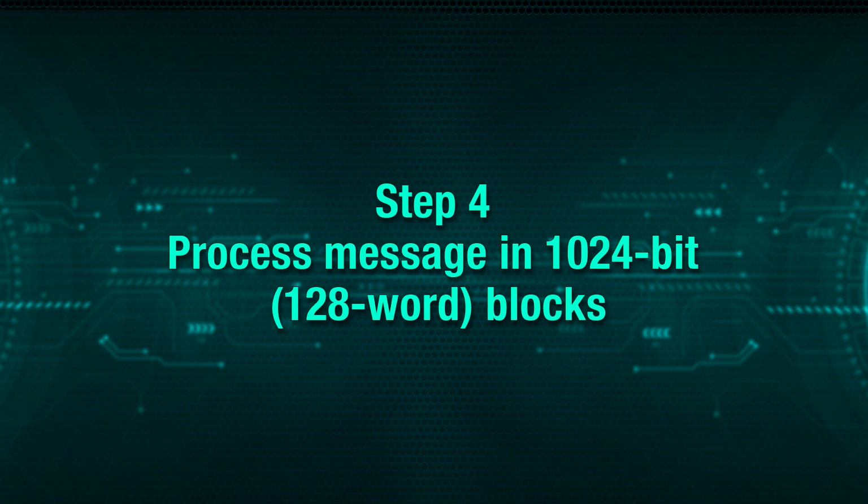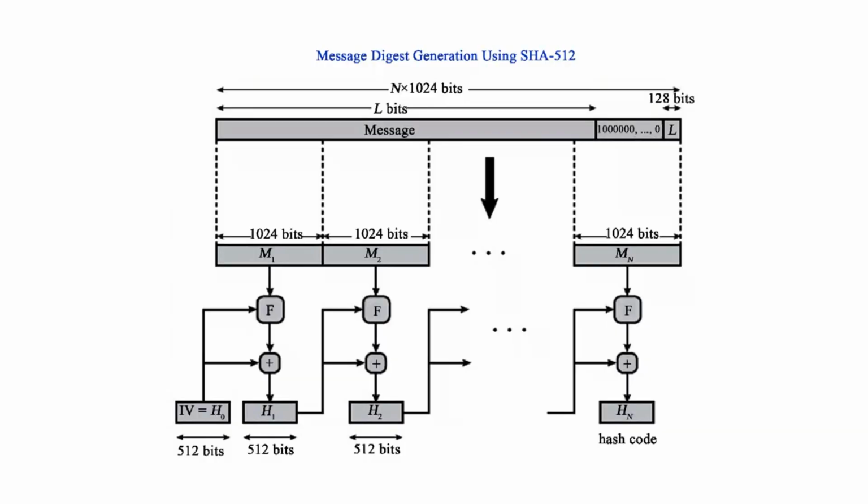Step 4. Process messages in 1024-bit, that is 128-word blocks. The heart of the algorithm is a module that consists of 80 rounds. This module is labeled F in the figure shown. Each round takes as input the 512-bit buffer value A, B, C, D, E, F, G, H and updates the contents of the buffer.